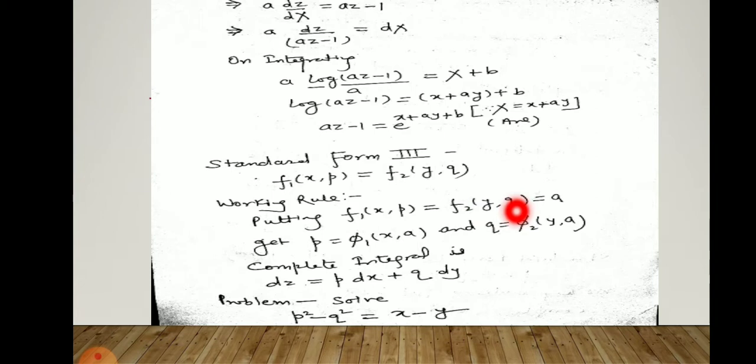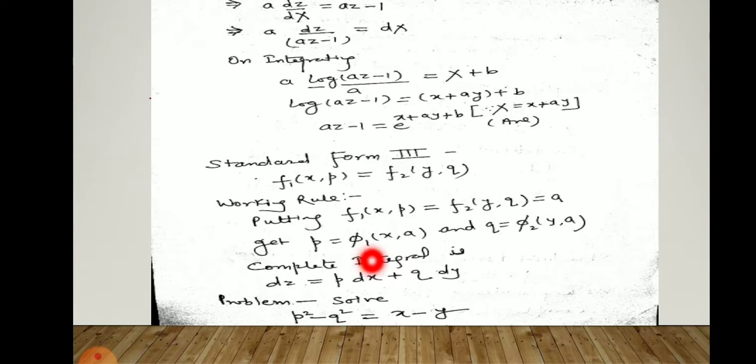So whenever you put f1(x, p) equal to a, you get p is equal to a function phi 1 of (x, a), and similarly q is equal to phi 2 of (y, a). So here the complete integral is dz is equal to p dx plus q dy.